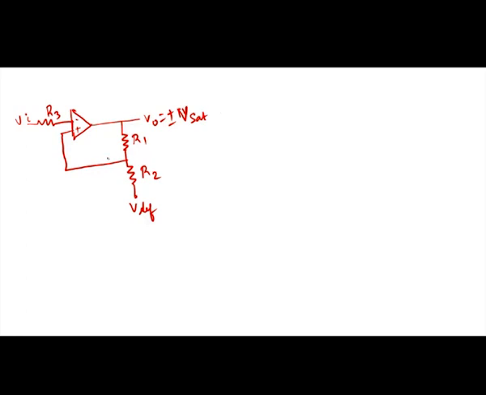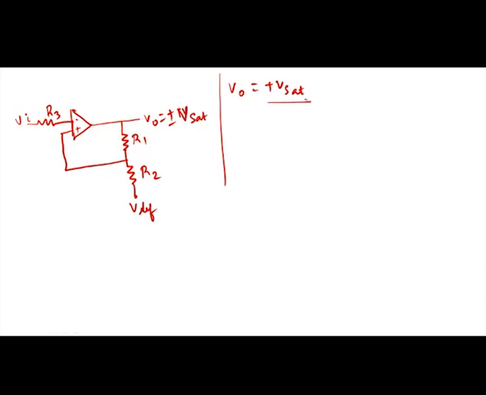Now, we have to calculate the voltage at the positive terminal when the output is plus V saturation and again when the output is minus V saturation. Consider the output is plus V saturation and calculate the voltage here.